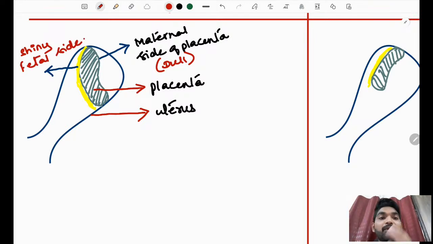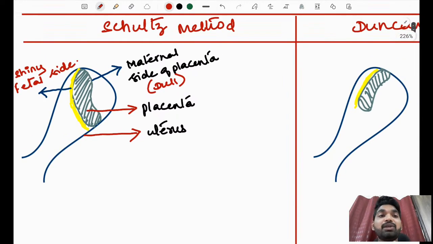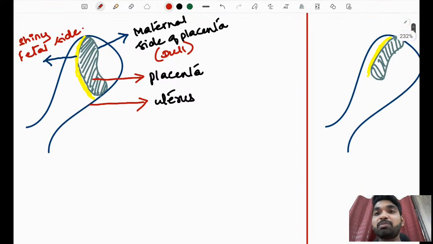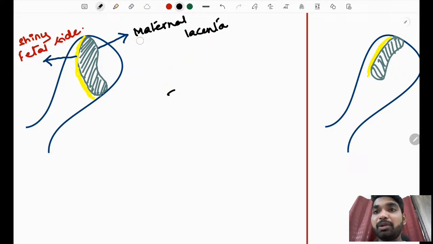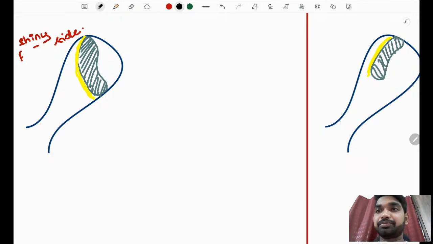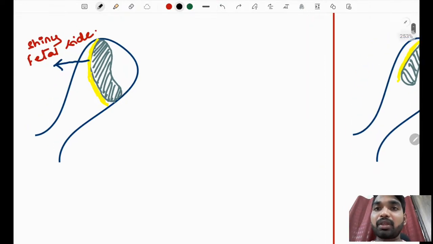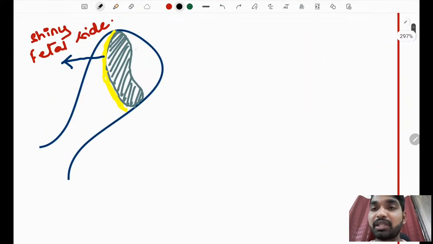Okay, right. Understood? So let's now see here in Schultz method what is happening. Let me erase all this so that you people don't get confused. See here, observe carefully. In Schultz method, the placenta has separated here.